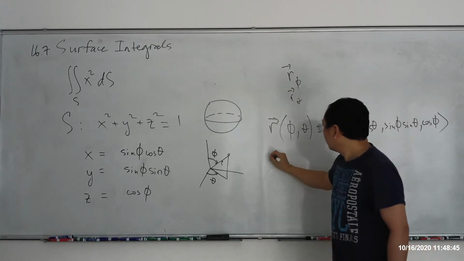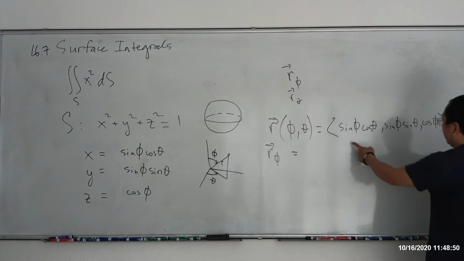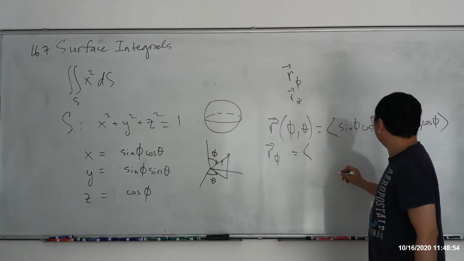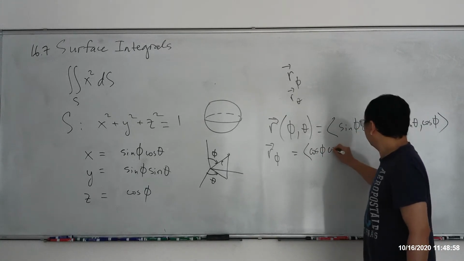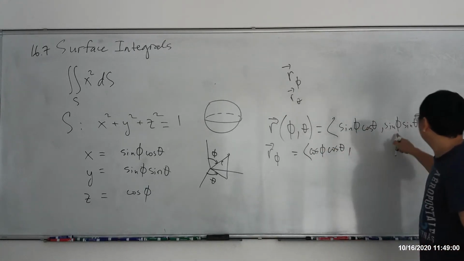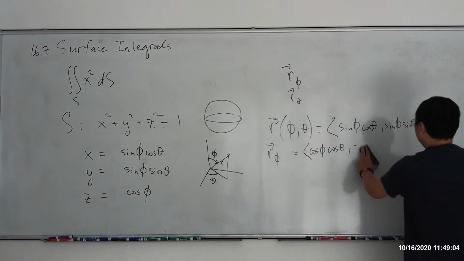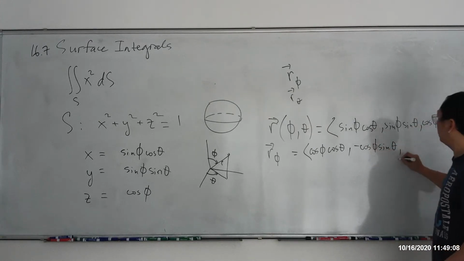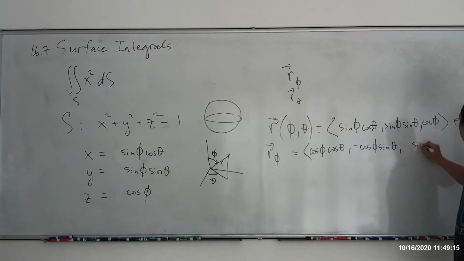So r_phi is the partial derivative in terms of phi. The derivative of sine is cosine, so cosine phi cosine theta, comma, cosine phi sine theta, and then the partial derivative of cosine phi is negative sine phi.